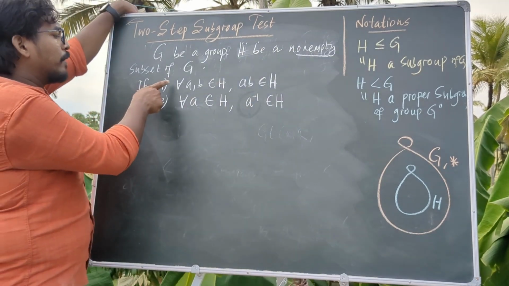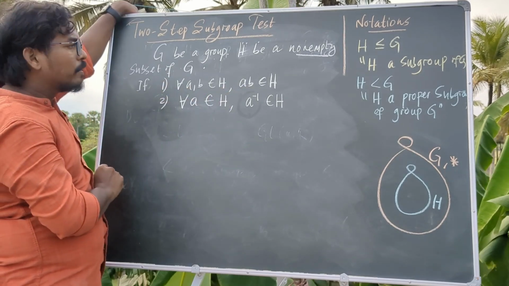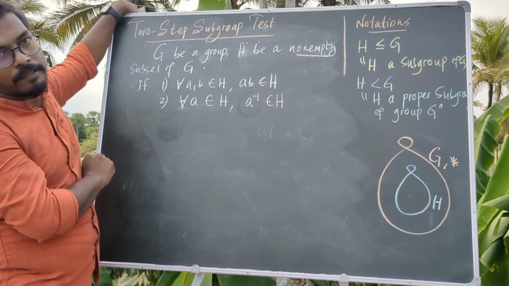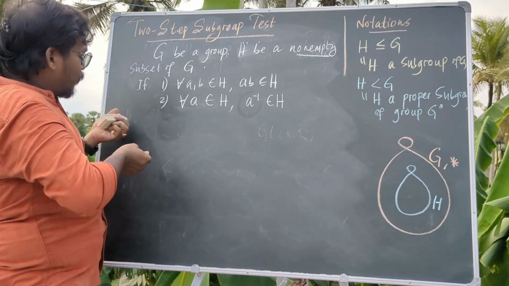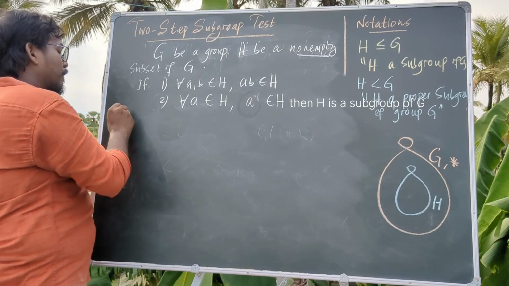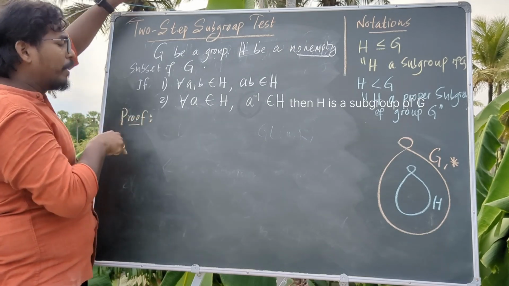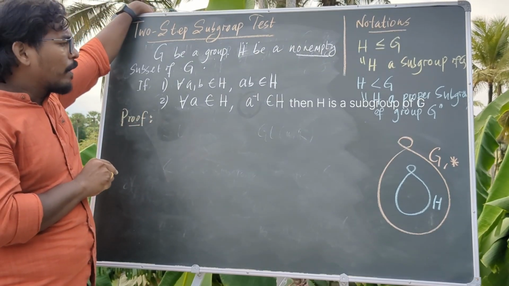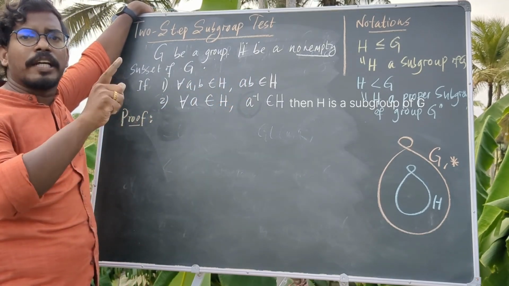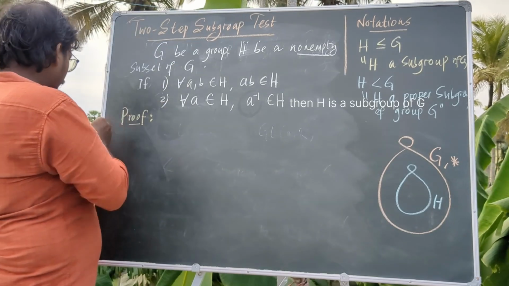If these 2 steps are satisfied by the subset H, then we can say the subset H is a subgroup of the group G, and we will prove this. In proving, we will show if H has only these 2 properties, then H will satisfy all 4 group axioms. First one is closure.